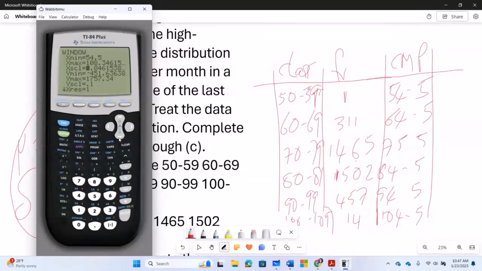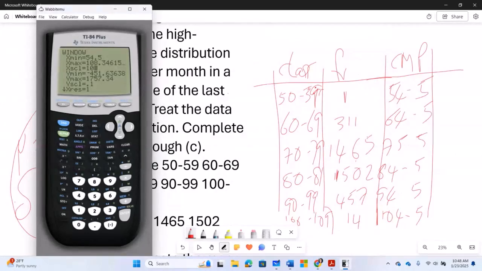For me to have the right number of bars, the number of bars here should be 6 because there are 6 classes. So I'm going to put 10 there. Why did I put 10? Because the distance between consecutive lower limits is 10. The width of this class is 10.